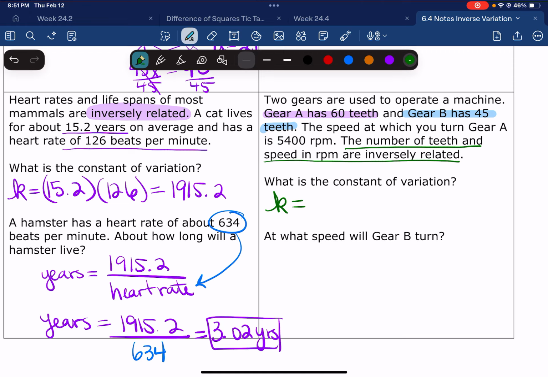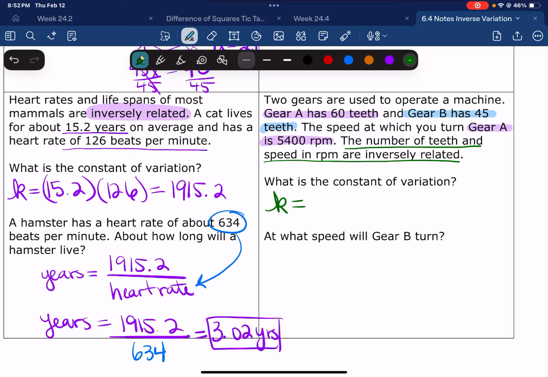So K equals. We need to focus on one gear at a time. So right now it says the speed at which you turn gear A. So let me highlight that in purple. The speed at which you turn gear A is 5,400 RPM.